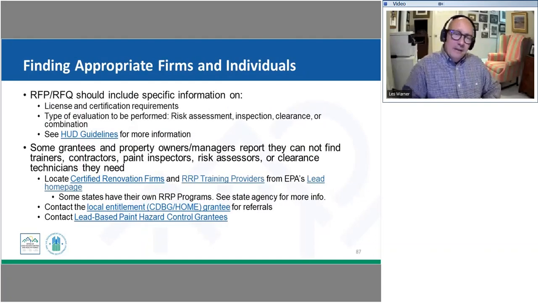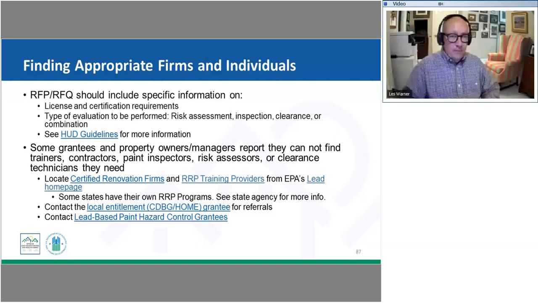So to identify an appropriate firm or individual, if you're not going to take this on as training yourself, as part of your RFP, RFQ, you would identify within your procurement requirements what your licensing and certification requirements would be.